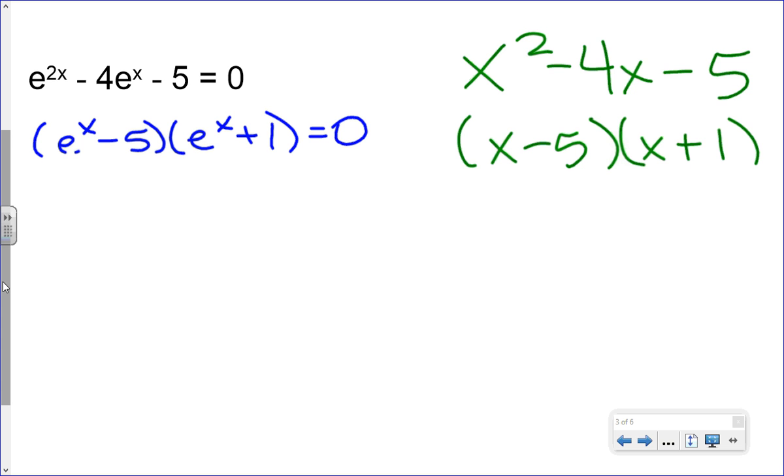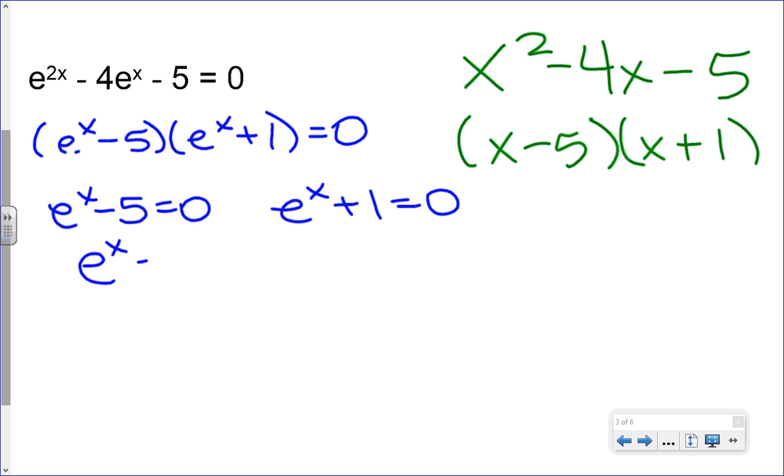Now we can come back to what you were saying, Caleb. Now we have e to the x minus 5 equals 0, and e to the x plus 1 equals 0. So if e to the x equals 5, then log base e of 5 equals x.